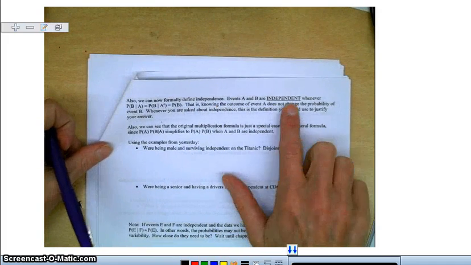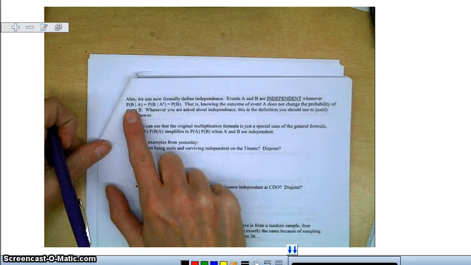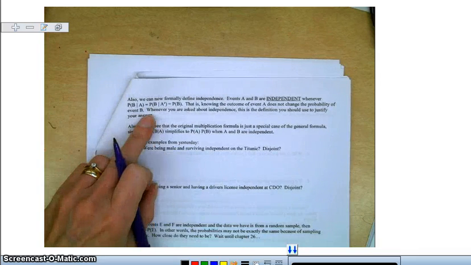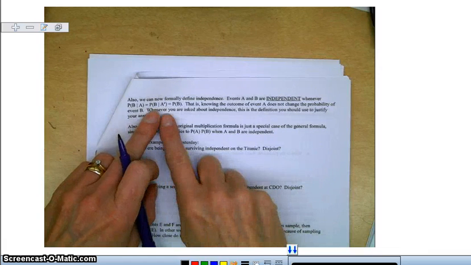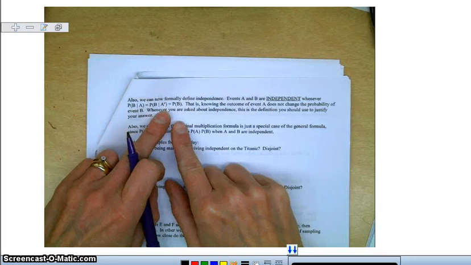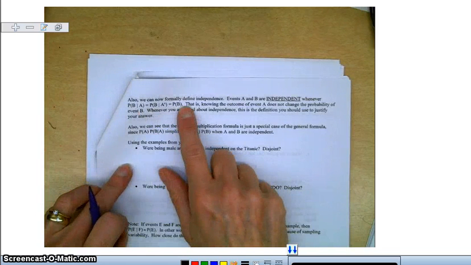Events A and B are independent whenever the probability of event B happening, given that event A has happened, is the same as the probability that event B has happened, given that A complement has happened, which is the same as just the probability of B. So in other words, if they're independent, all these probabilities are the same.